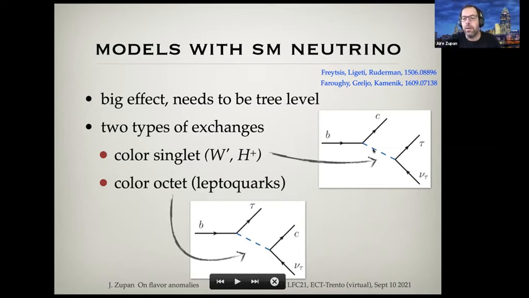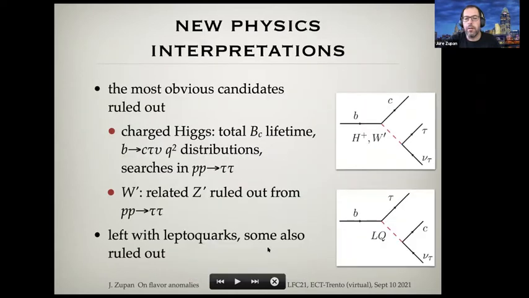You could have either a W prime, a charged Higgs, or leptoquarks. These are the most obvious candidates. I think before these anomalies were discovered experimentally, most people would have bet that this is going to discover a charged Higgs or W prime.